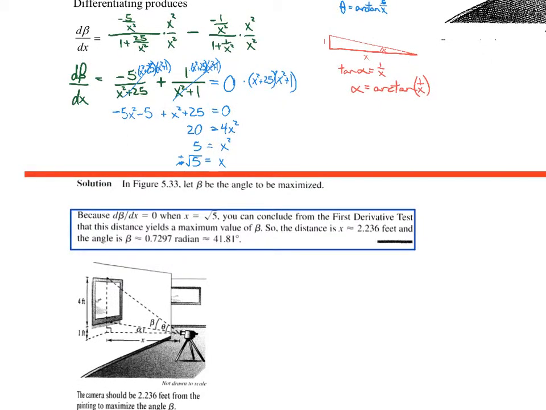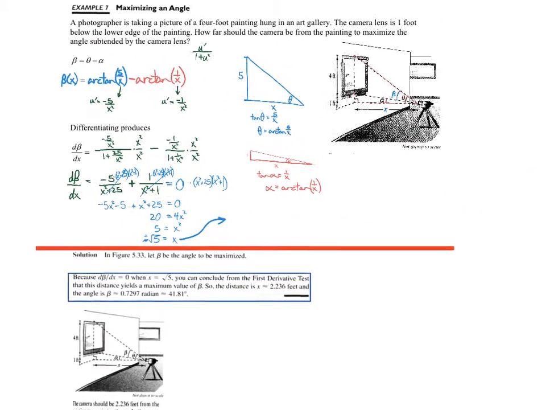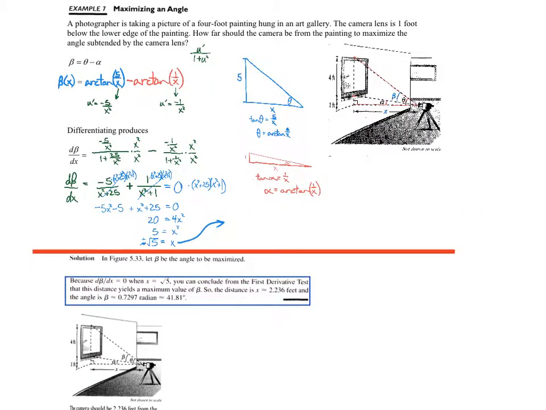Now, in order to do that, please don't forget that all the calculus that we do is in radians. So when I go to find beta of x, remember, it says, how far should it be? Actually, I have already answered the question.